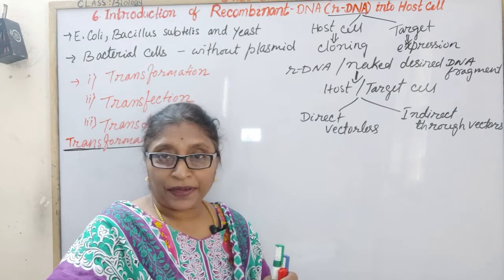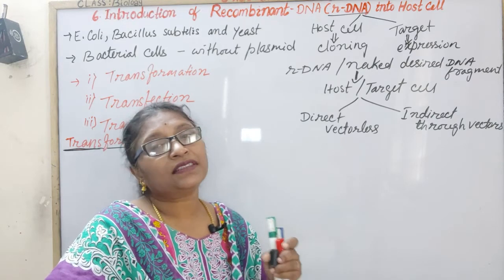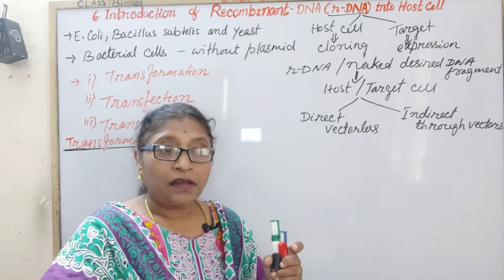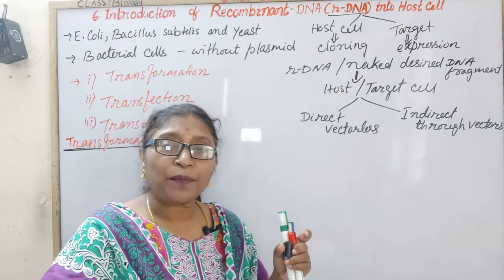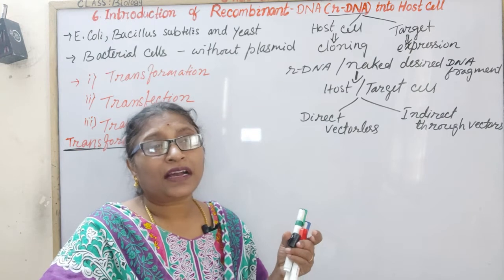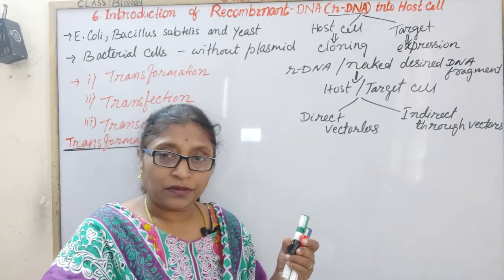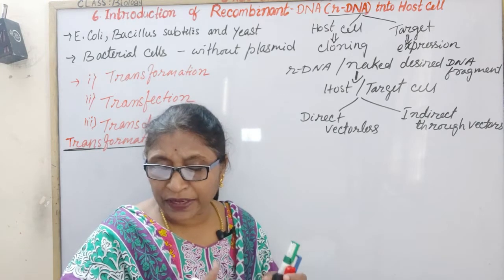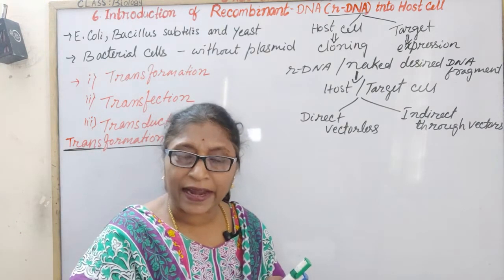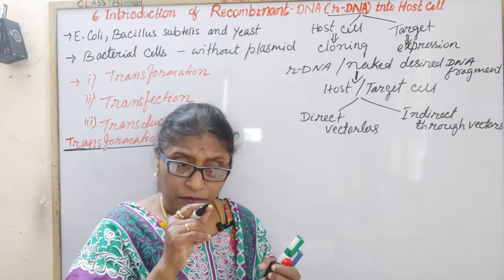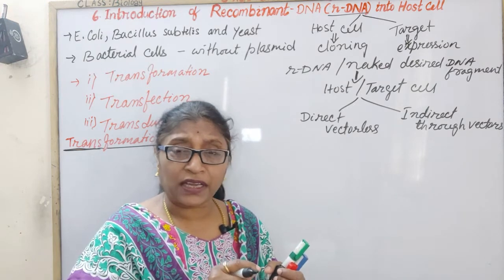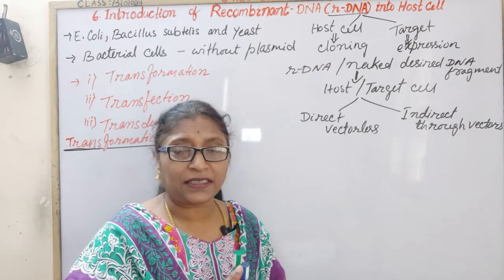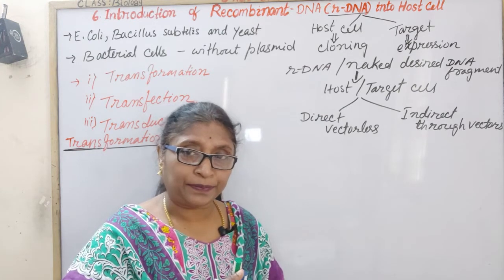Again I am repeating: first of all, the bacterial cell is made competent. And how is it made competent? In the medium, calcium chloride is added to make the host cell competent, which increases the permeability of the cell membrane.